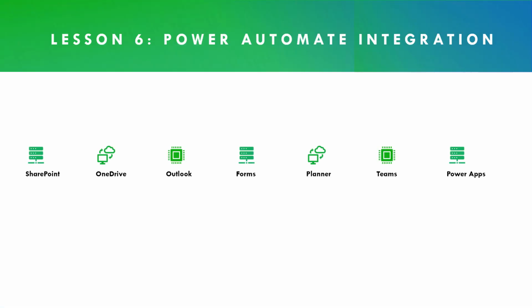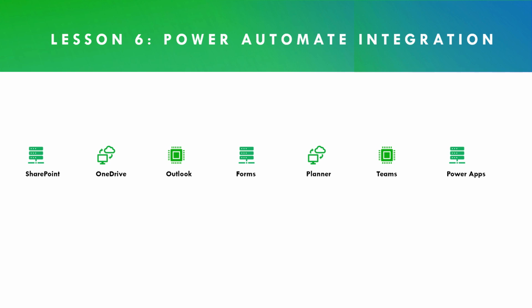Our next lesson is about further integration with Power Automate. We've already seen the integration and the accessibility to the app from SharePoint and OneDrive, and we've used Outlook as a connector a couple of times in the examples that we've already performed. Other Microsoft apps that it integrates really well with are Forms, Planner, Teams, and Power Apps.